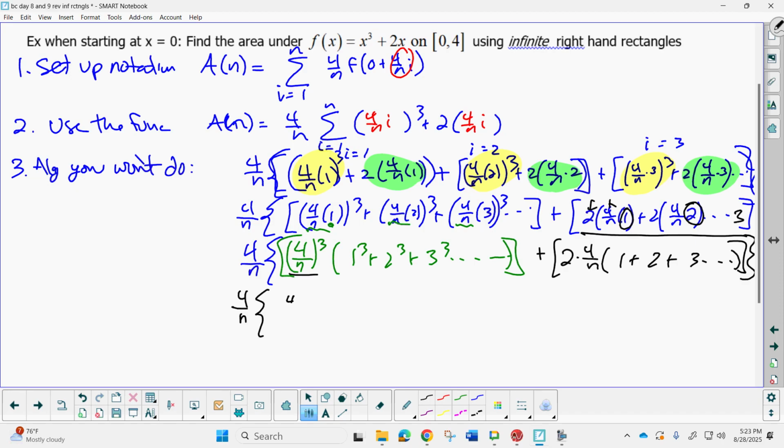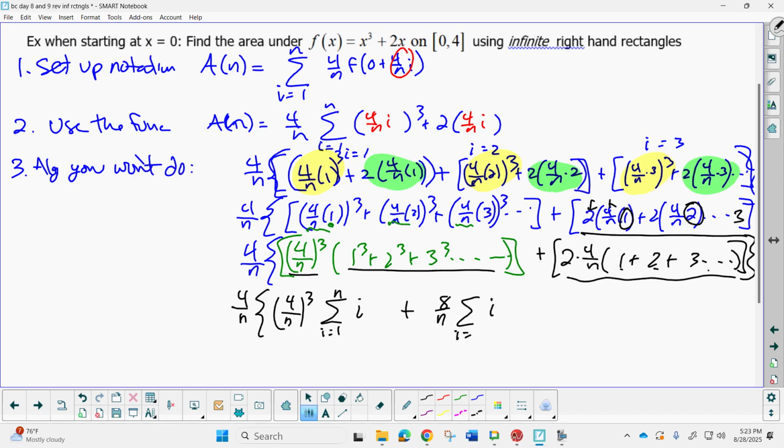This could be a 4 over n all cubed, and this is nothing but the sum of cubes, i being the counter going from 1 to n. This whole thing is also a summation with an 8 over n out front of a counting 1 plus 2 plus 3. That's an easy pattern. It's just i starting at 1 and going to n.